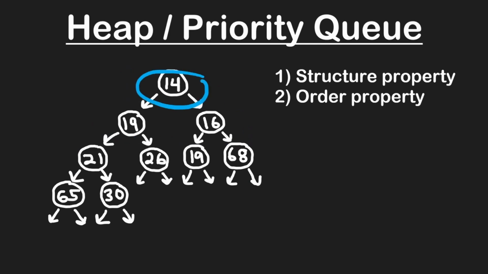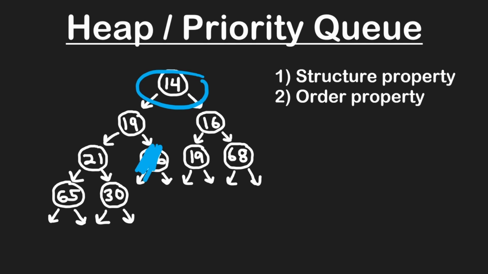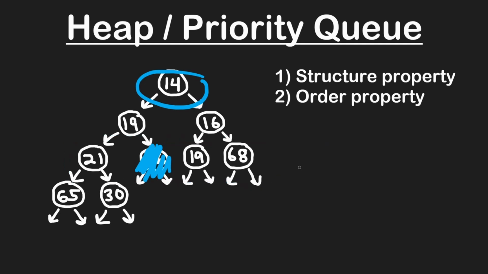So you can see that requirement is satisfied in this case. Now, maybe if we're missing this node, it would not be the case because we're supposed to have 4 nodes in this level, but we only have 3. So if any of these 4 nodes is missing, we don't have a complete binary tree. If any of these 2 nodes are missing, we don't have a complete binary tree.